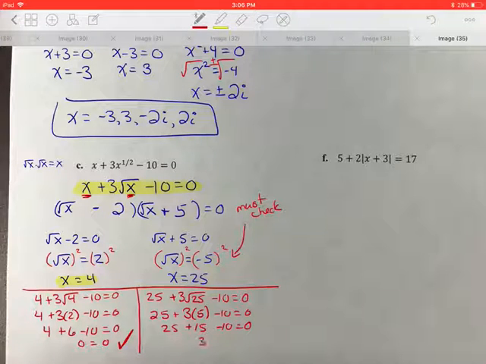Well, that actually comes out to be 30 equals 0, which does not work. And you might notice a problem right here. Before we squared it, we had the square root of x equals negative 5. It's impossible to have a square root equal to a negative, so we had a little bit of a problem there. So that one was an extraneous root. We throw it out, and we keep our one answer of x equals 4.